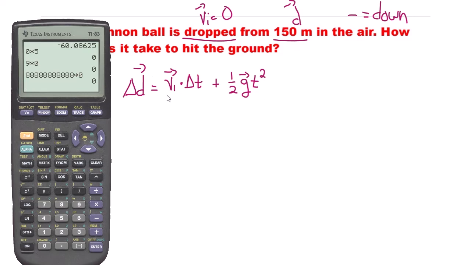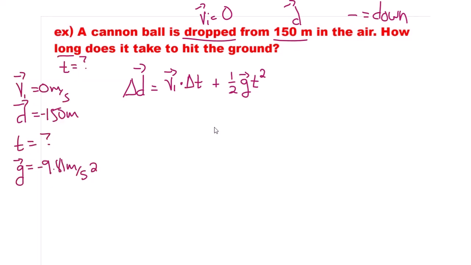So that means that this term right here, my VI times delta t, is going to be times 0, and so it's going to cancel. It's going to go to 0. And that's going to simplify my formula a lot for me. My displacement will be equal to 1/2 times g times t squared.